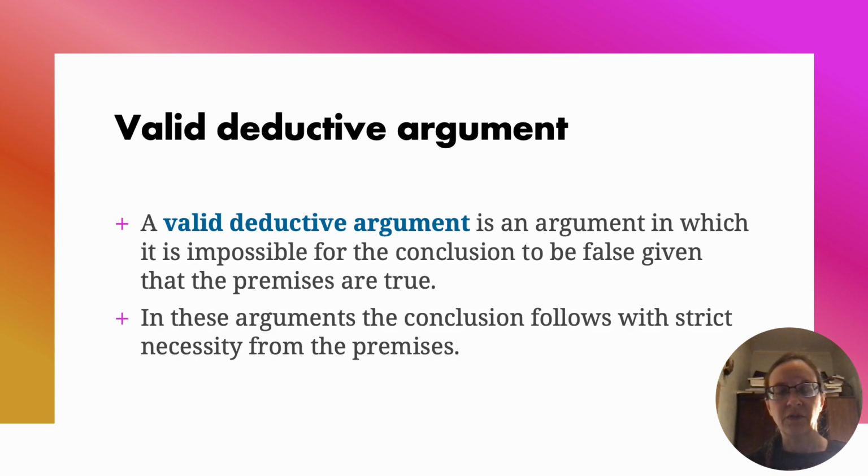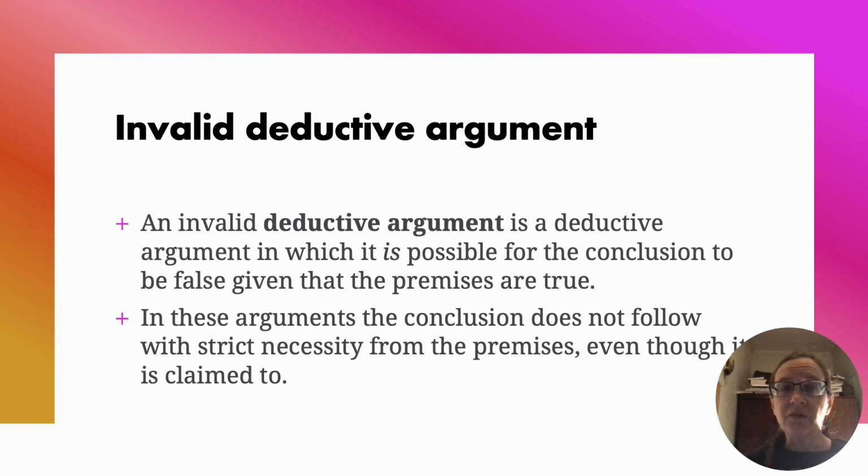Remember that the word if is super important in logic. If you have the word if, that means you're not making a claim as to whether whatever follows the if is true or not yet. So we don't know yet if the premises are true, but we do know that if they were true, the conclusion would also have to be true. Another way you can put this is the conclusion follows with strict necessity from the premises.